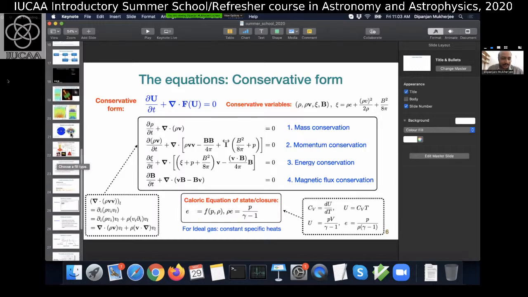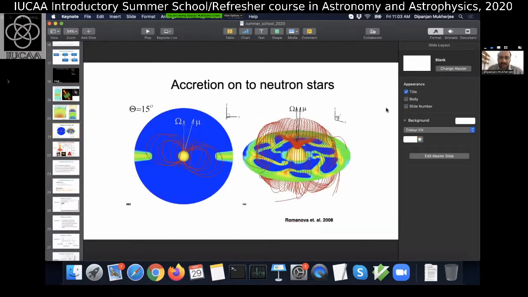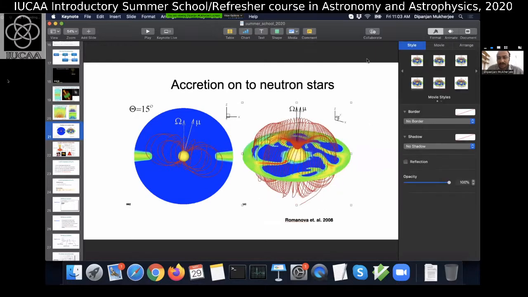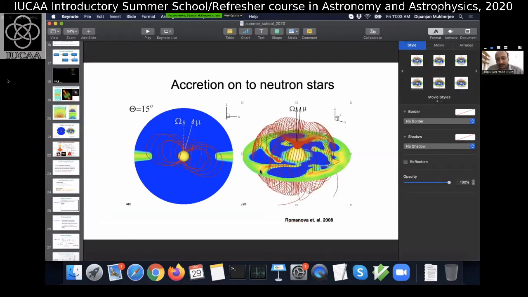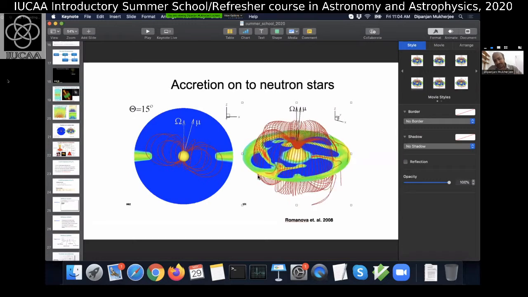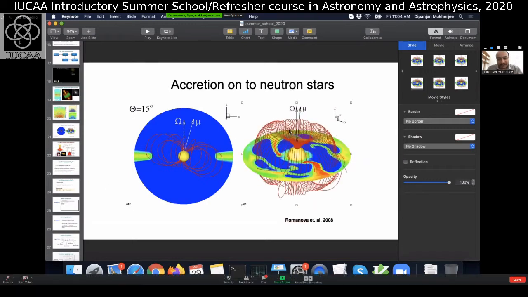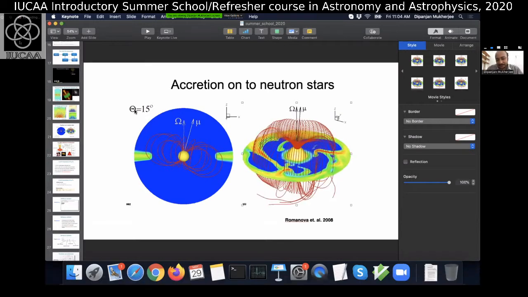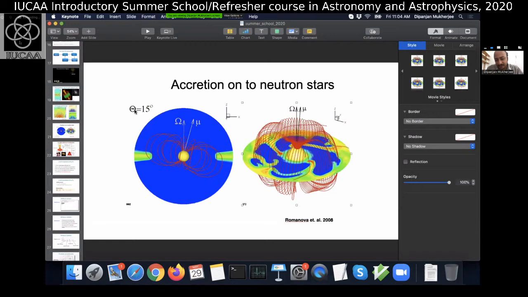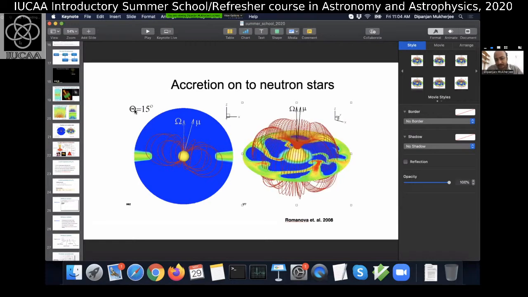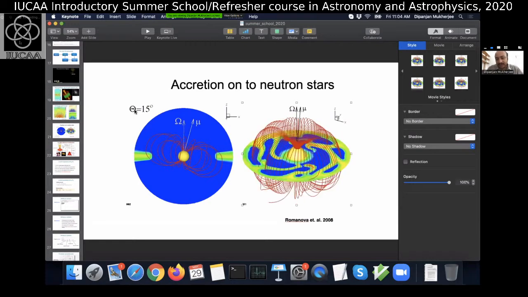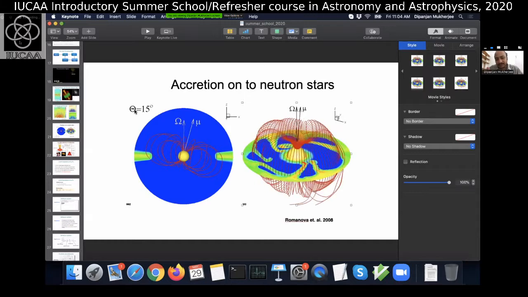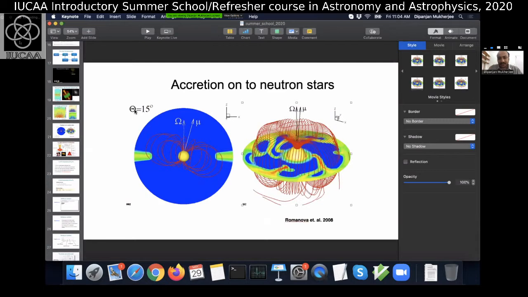I think this is the last question I'll take because I'm well over the time. Based on this simulation, where it was shown that the streams of plasma are actually penetrating, this is a standard fluid instability called the Rayleigh-Taylor instability, where if you have a heavy fluid on top of a lighter fluid, and there is an external force of gravity, then the heavy fluid forms these finger-like protrusions and enters into the lighter fluid.